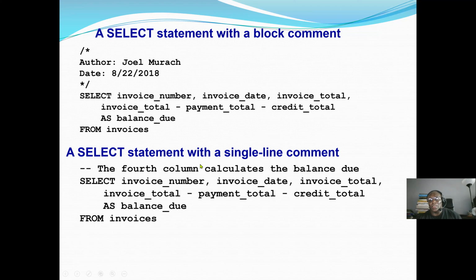Normally with a single line comment, we use two dashes. So this means only one line is the comment. The fourth command calculates the balance due. If we have more than one line, we use the multiple line comment: slash asterisk, then we end it with an asterisk and a slash. Here we have only two lines, but as we said, the lines can be as many as we want.